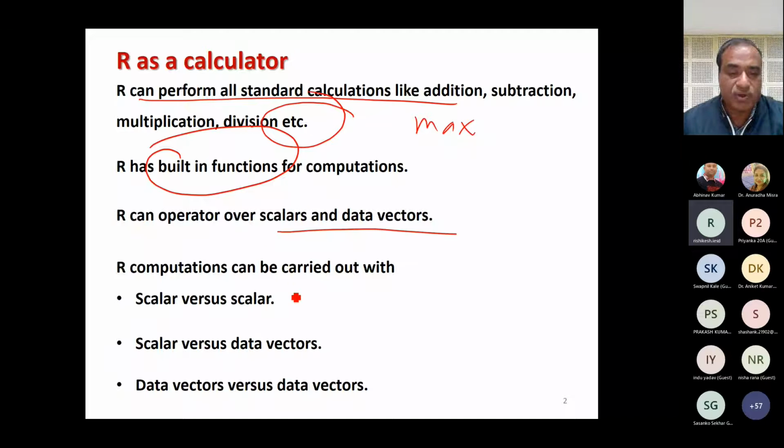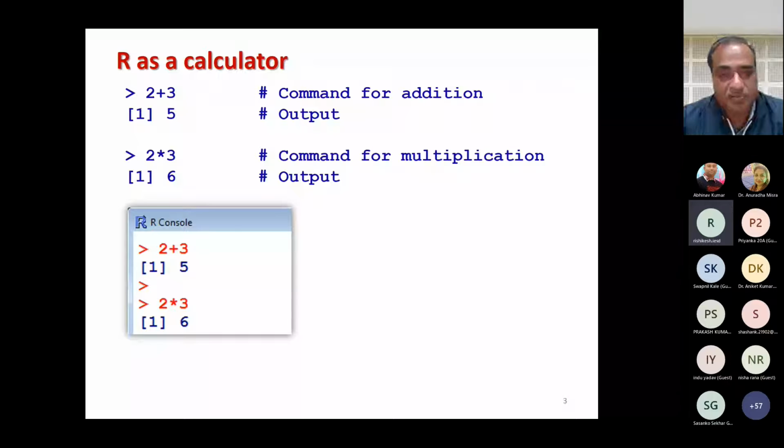Now we are going to consider different types of computation. First I will take computations involving only scalars, then scalars and data vectors, and then data vectors only. After that, I will come to the matrix part. The initial part is extremely simple.